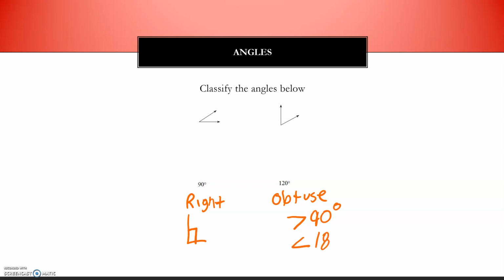We also have, if we have a picture, we can look based on the shape. If you look at this, a right angle would look something like that. So we say this is an acute angle, as is this one. And we say that acute angles are any angle that is greater than 0 but is less than 90.